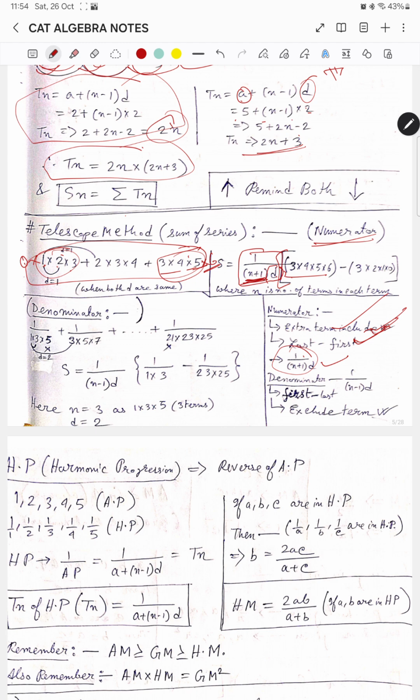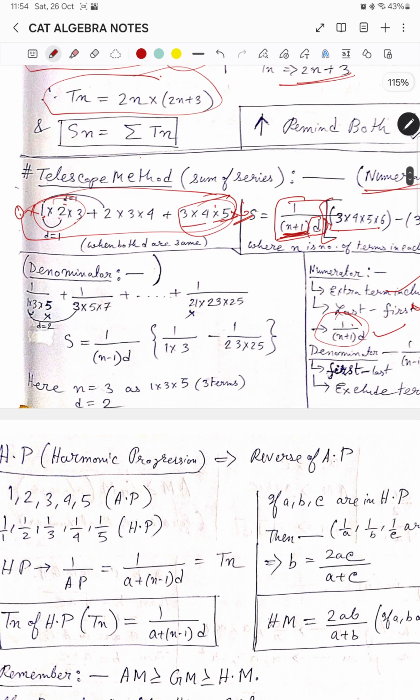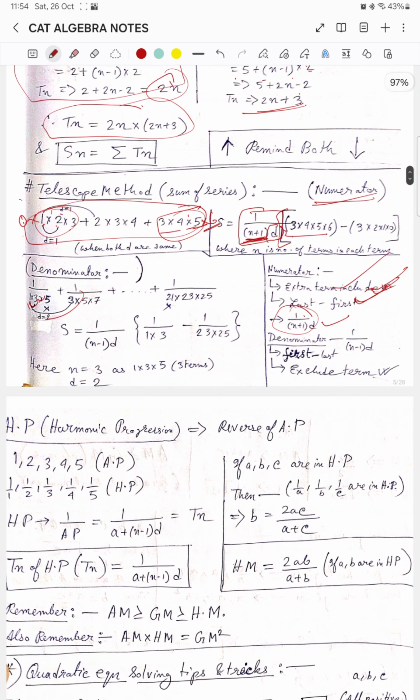If you find a telescope series in the denominator, like 1 into 3 into 5, where the common difference was 2 and the term to term common difference was the same, then in the numerator case you include one extra term, but in the denominator case you will exclude one extra term. So take 21 into 23 into 25.